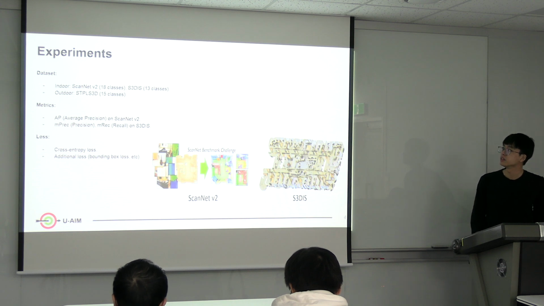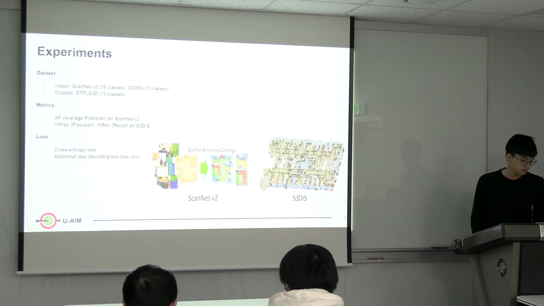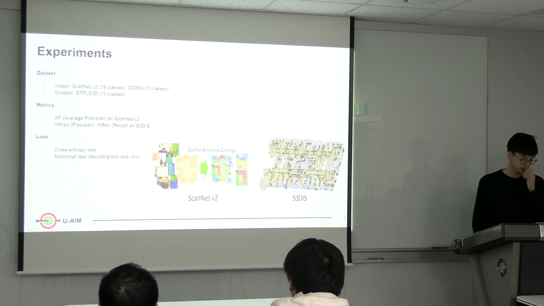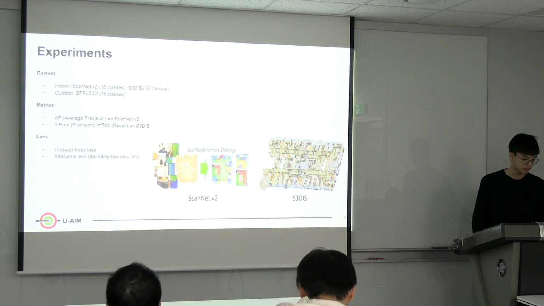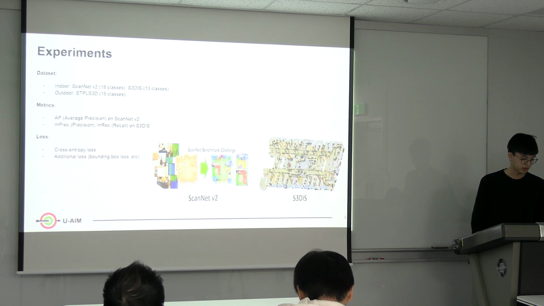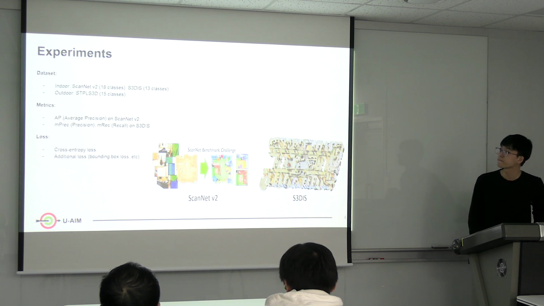Experiments in 3D segmentation are mostly done on two types of datasets. One is indoor, which consists of ScanNet V2 and S3DIS. The outdoor one is STPLS3D.